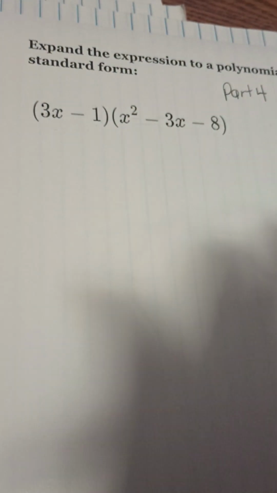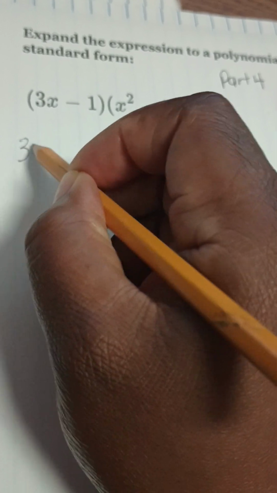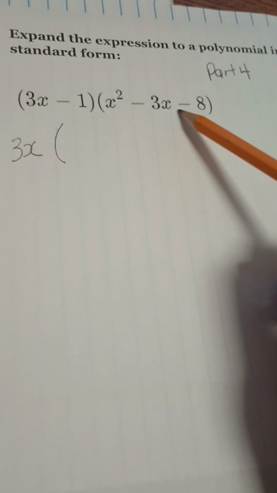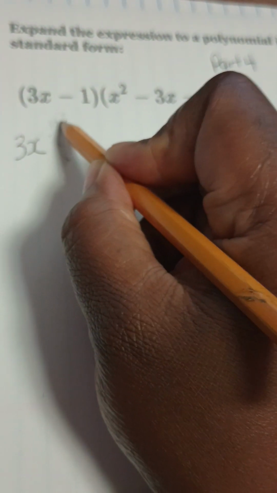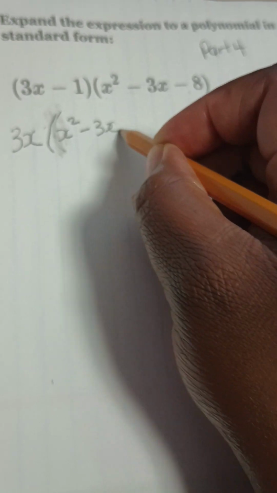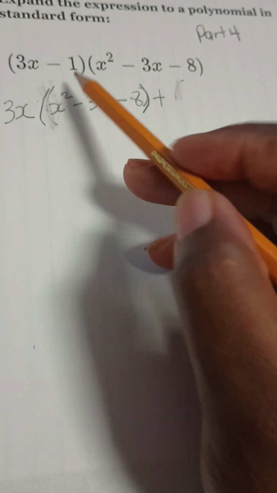So I am going to take my 3x and put it outside my parentheses. Inside my parentheses, I am only going to repeat what's here: x squared minus 3x minus 8. Plus, my next term is my -1.